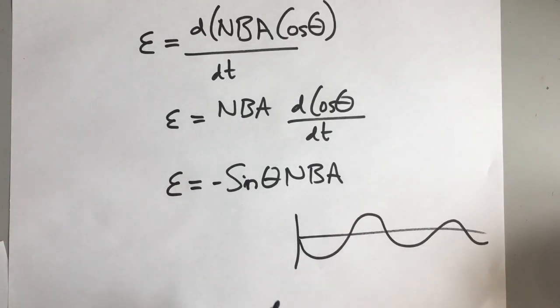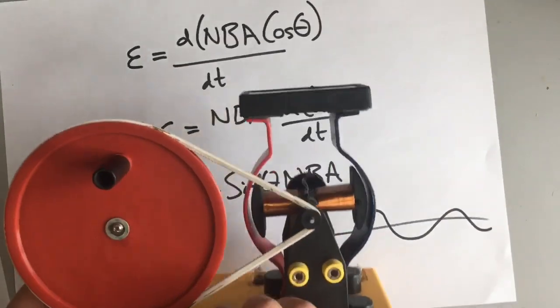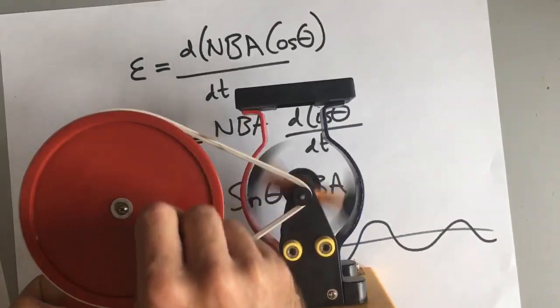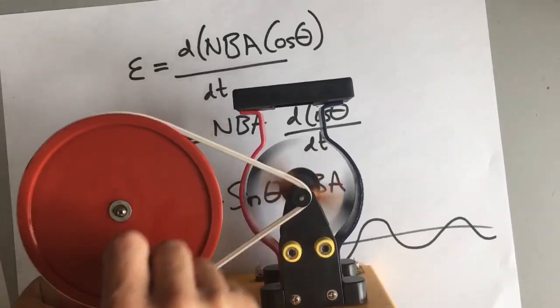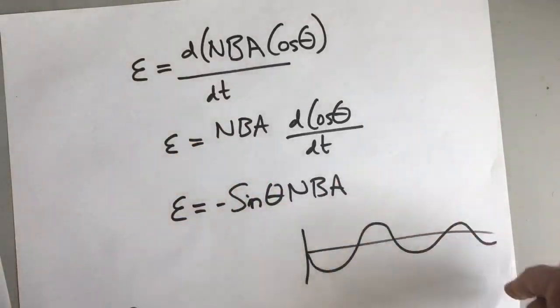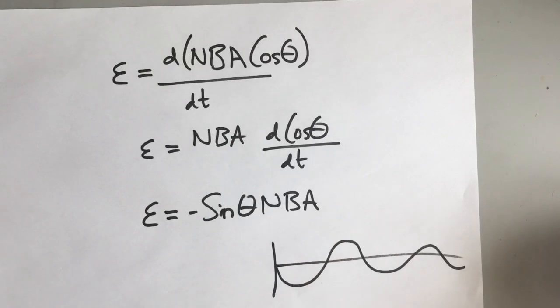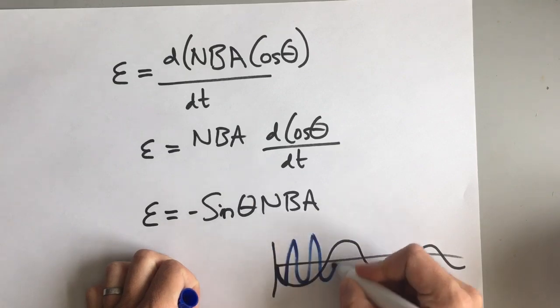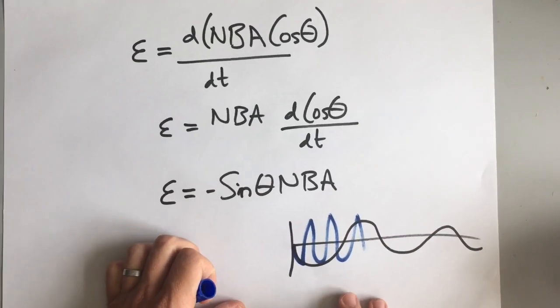So if we then speed up how fast we're rotating this coil, if we get faster, two things happen. Number one, the frequency of the sine wave will increase. So we will go from that to something like that, increased frequency.